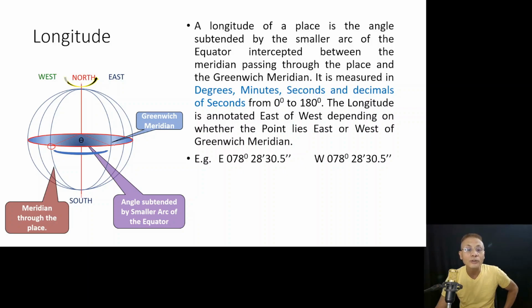We can also have the Greenwich meridian, and if I start measuring from the Greenwich meridian to the meridian passing through the point, this smaller arc, which subtends an angle at the center of the earth, is known as the longitude of a place.